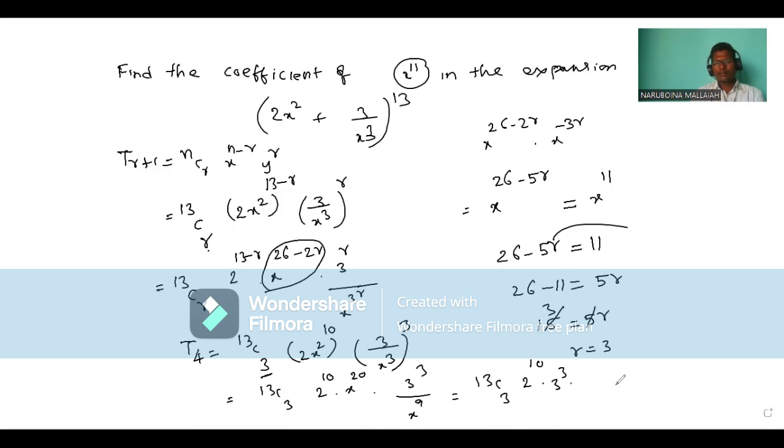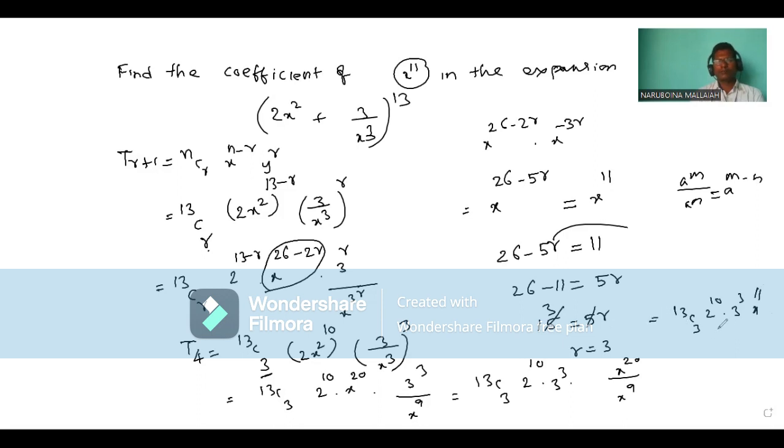See here, in the numerator we have x to the power of 20, in the denominator we have x to the power of 9 only. So this will be 13C3, 2 to the power of 10 into 3 cube. Here for x, use a to the power of m by a to the power of n, that is a to the power of m minus n. So subtract 9 from 20: 20 minus 9 is 11. So x to the power of 11.